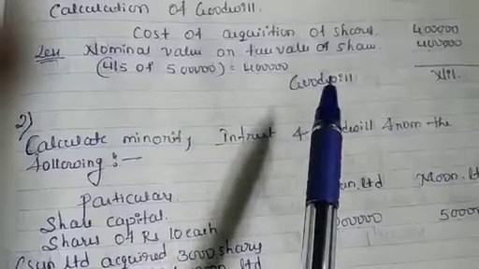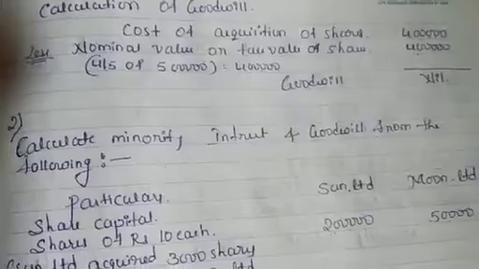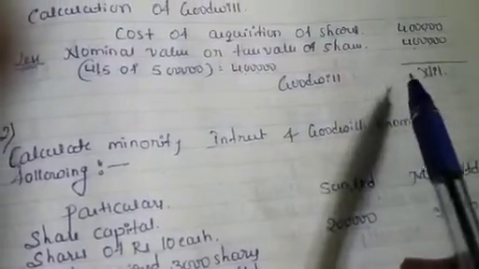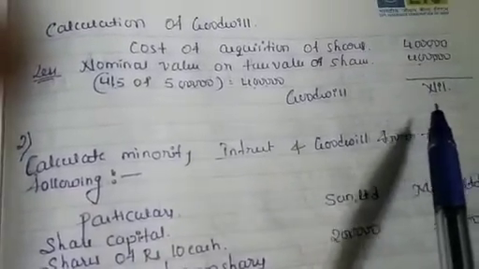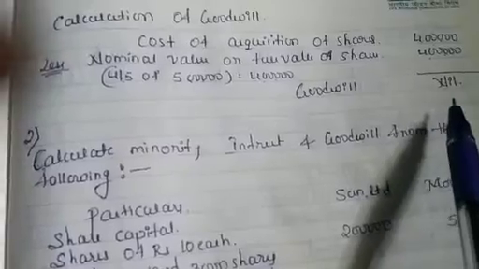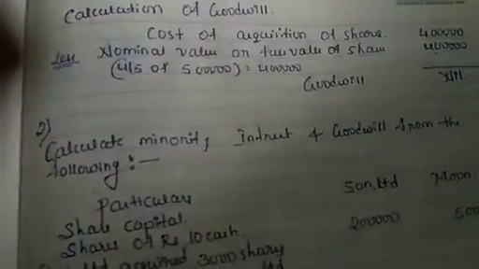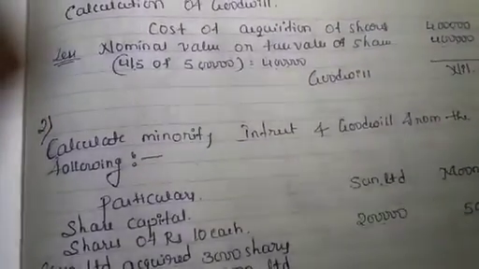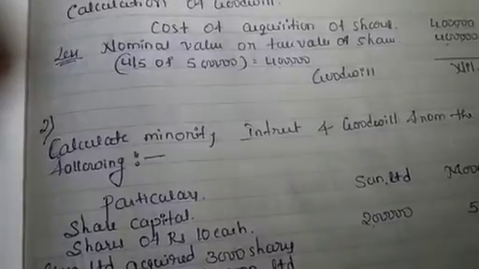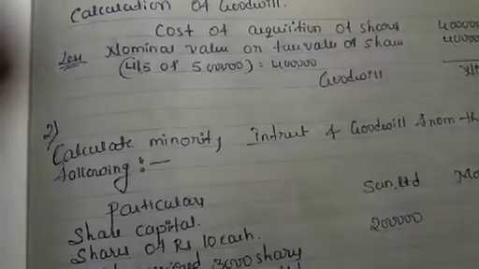Then whatever the remaining amount is, is treated as goodwill. Here both are the same, so there is no goodwill, because 4 lakh minus 4 lakh is nil. When the cost of acquisition and face value are the same, there is no goodwill. If the cost of acquisition is more than the face value, then goodwill arises. I already explained all these things in my theory video.